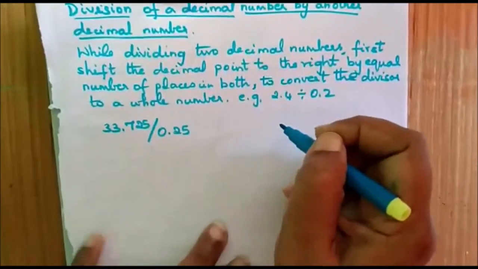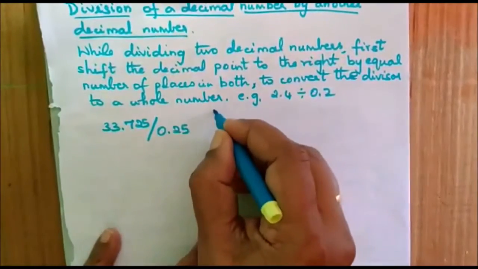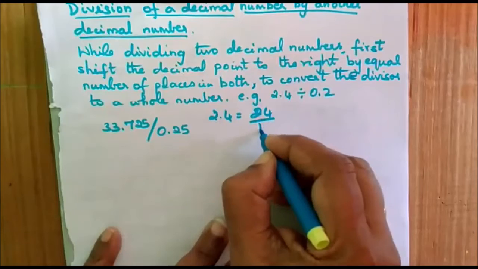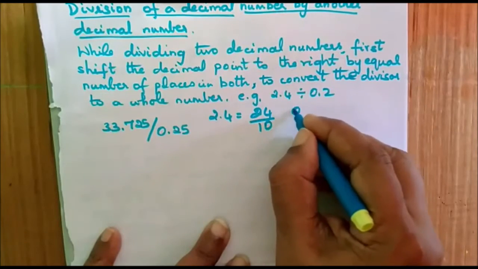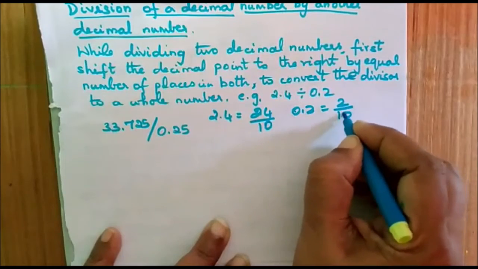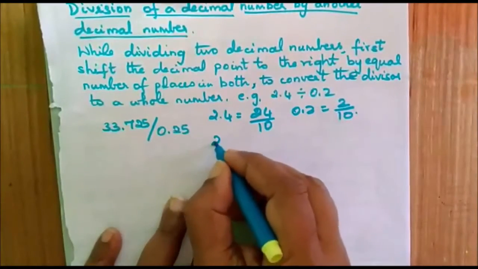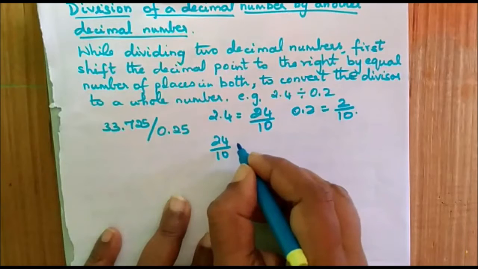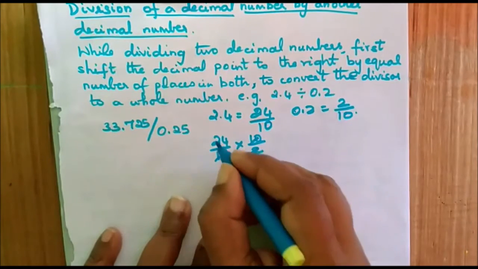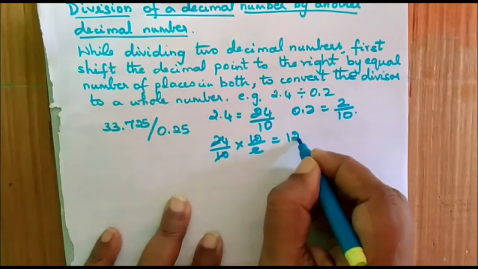So first we'll take the first one, 2.4 divided by 0.2. 2.4 can be written as 24 by 10, and 0.2 can also be written as 2 by 10. So we have 24 by 10 into 10 by 2. I hope you get it. So the answer is 12.